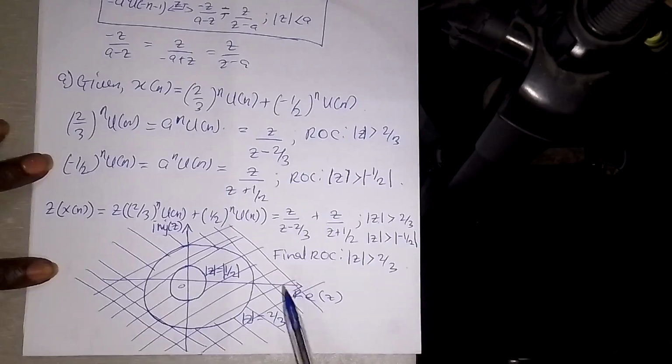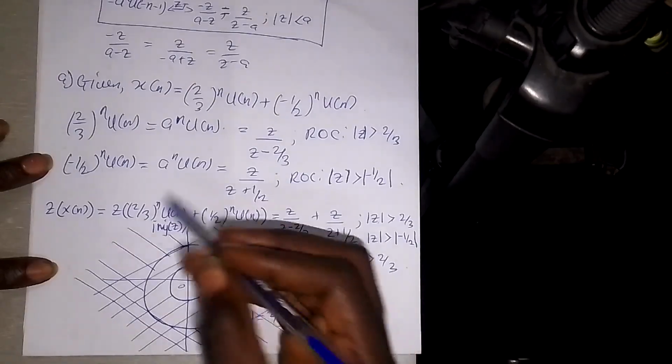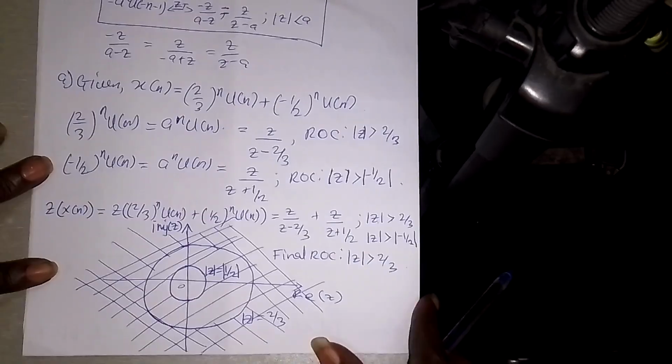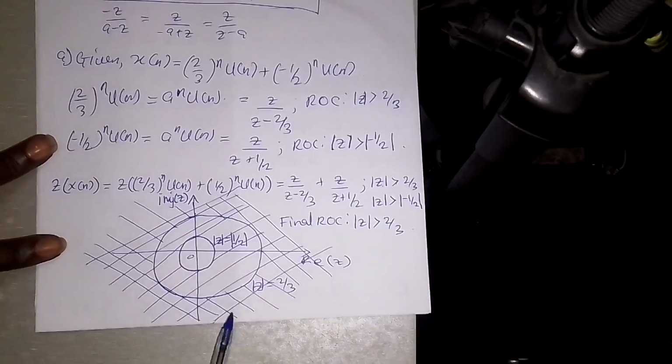Now, where do I know my answer? I know my answer from the intersection. And where are they intersecting? Actually, you can see that they are intersecting at where I have the 2 over 3.